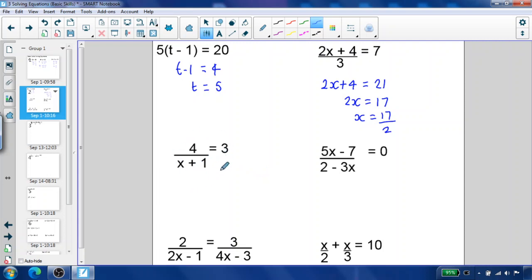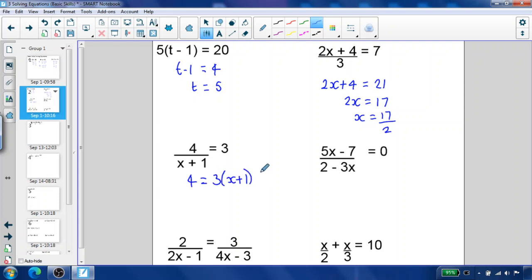Now here we've got a similar case as the one we've just looked at, but this time we've got an expression on the denominator. We can still do the exact same process and multiply by the expression. So I've got a divide by x plus 1 here, so let's multiply everything by x plus 1. So I'm going to be left with 4 is equal to 3 multiplied by x plus 1.